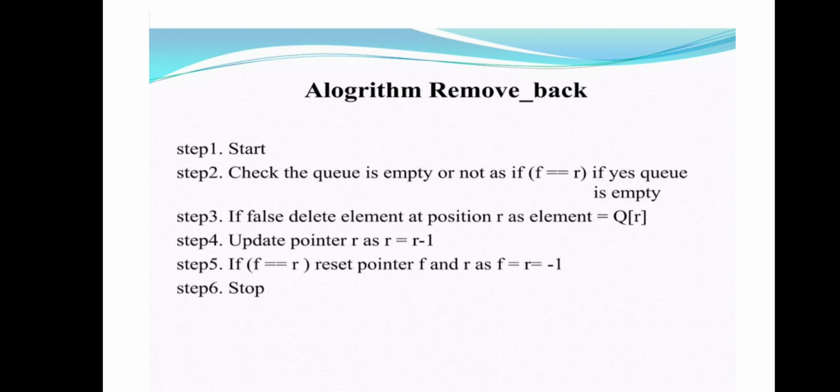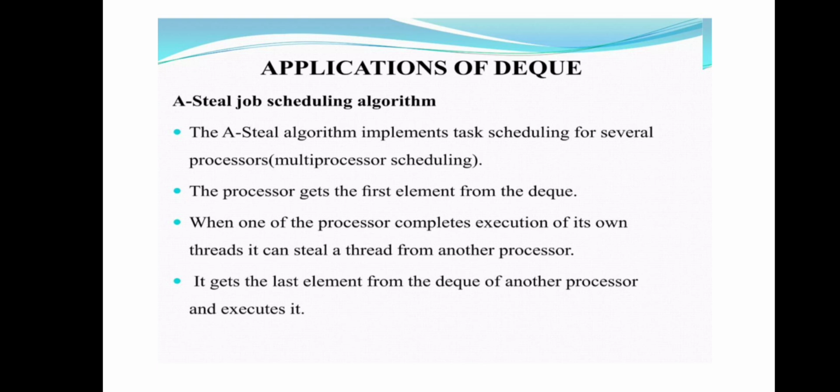Now the algorithm for deleting an element at the rear position: if rear equals -1, then the deque is empty. If front is equal to rear, then front and rear both become -1. Other than these cases, rear is decremented towards its previous elements. This is the algorithm for removing at a back position.